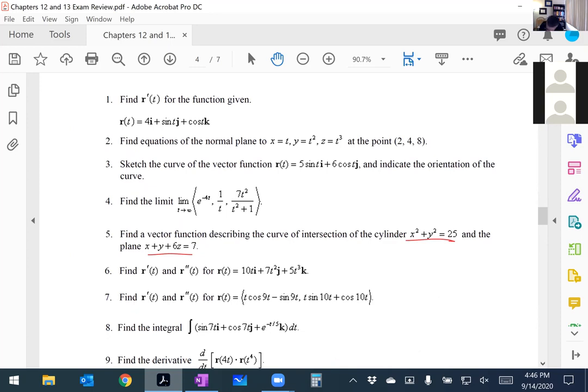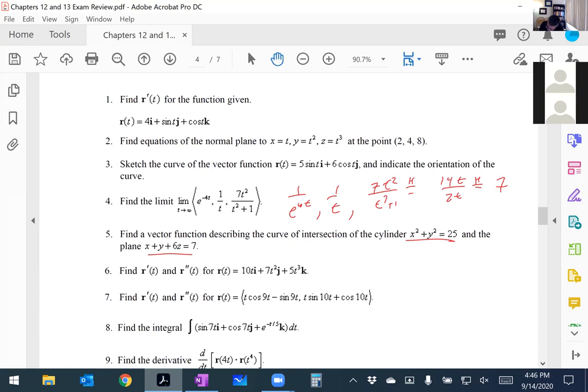So what's this? This is 1 over e to the 4t. This is 1 over t, and this is 7t squared over t squared plus 1, which you could use L'Hopital's rule on if you really wanted to. You could do 14t over 2t, and then use L'Hopital's rule one more time, you get 7.